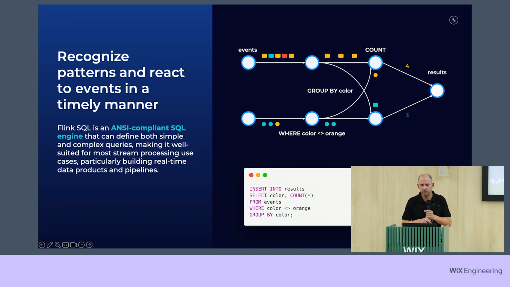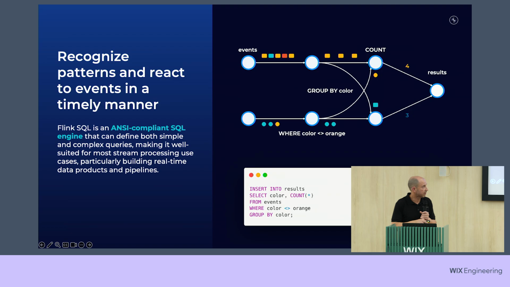You can use Flink SQL to write a SQL statement like we see here on the right and create a Flink application. If we look at it, there is the INSERT INTO results, which means that the data coming out of this query will go into a table called results.